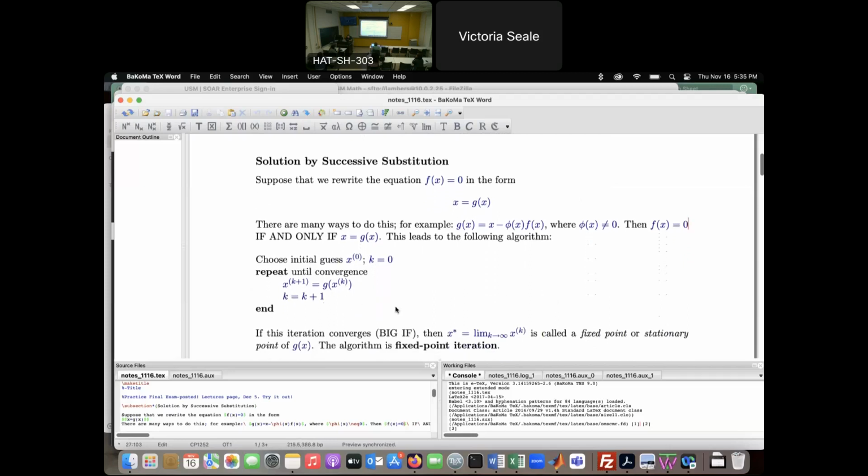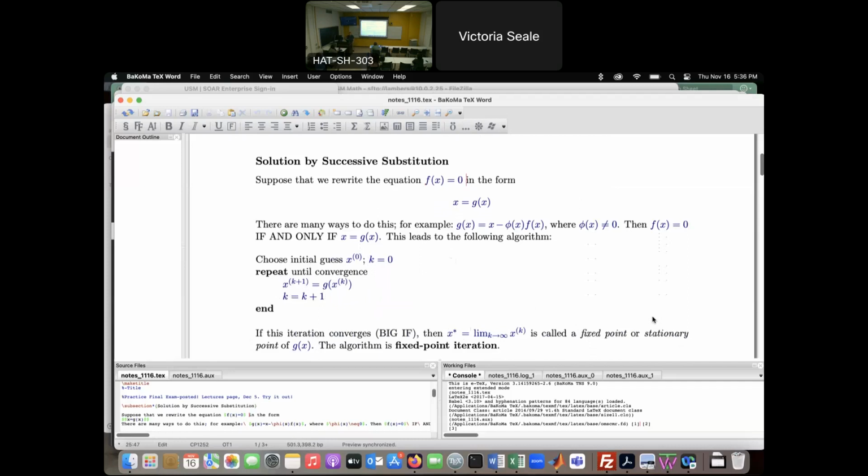So if it does converge, then there's a sequence xk, so it has a limit. We call that limit x star, which I've been using this notation to refer to a solution of this equation anyway. And just to put up terminology, so x star is called a fixed point of g, also known as a stationary point, because the idea is you take a fixed point, you plug it into g, and you get the same value out.